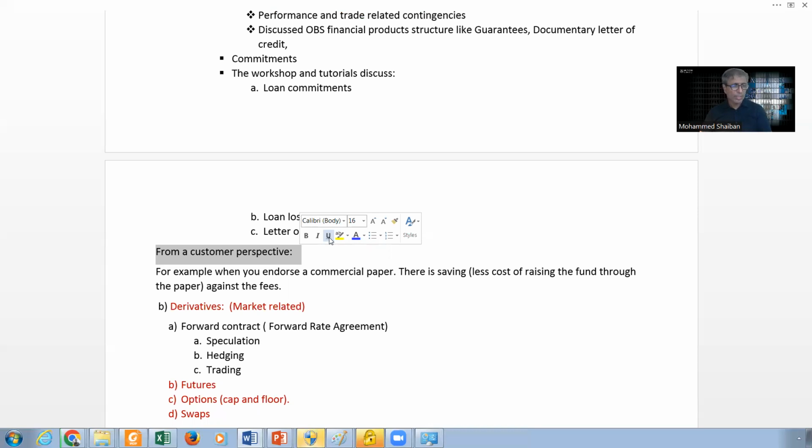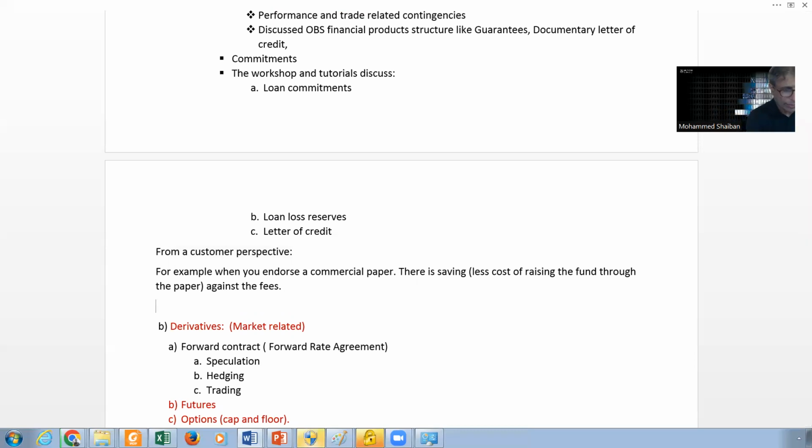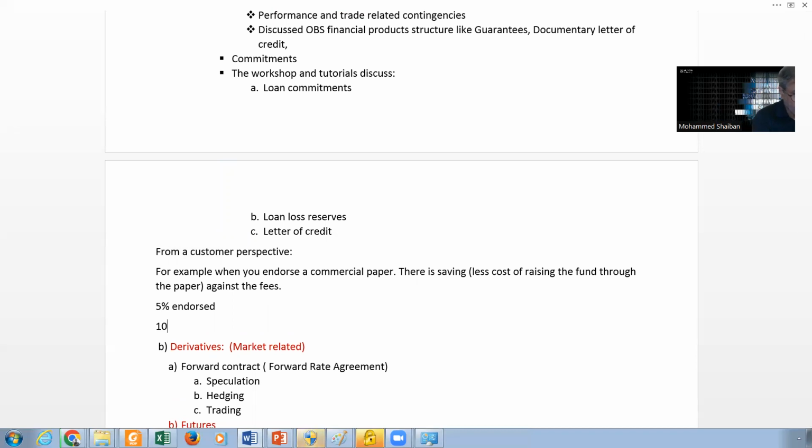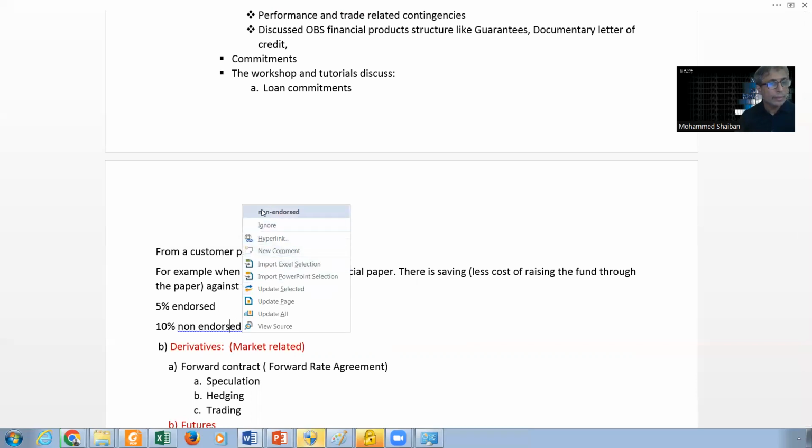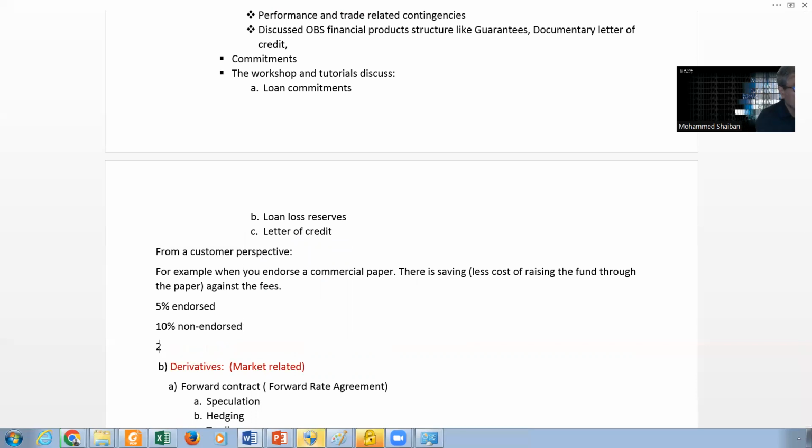So in this case, you have to compare. For example, the customer is paying 5% for endorsed, and 10% for non-endorsed, and the bank charges 2% fees if he endorses it.